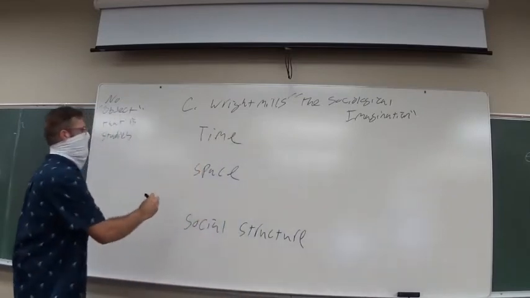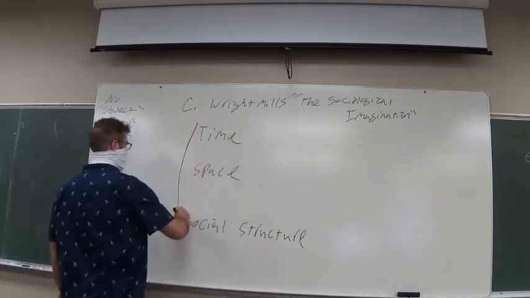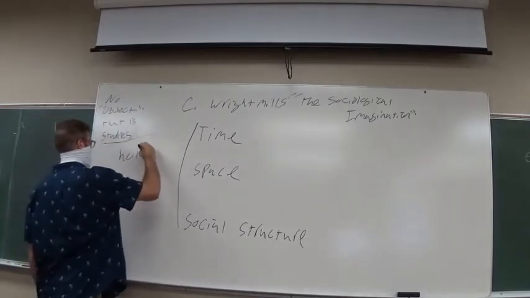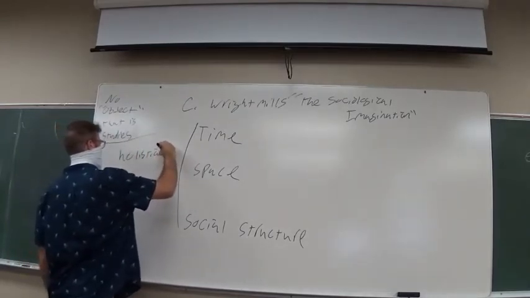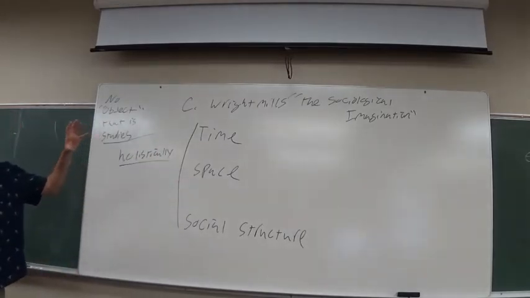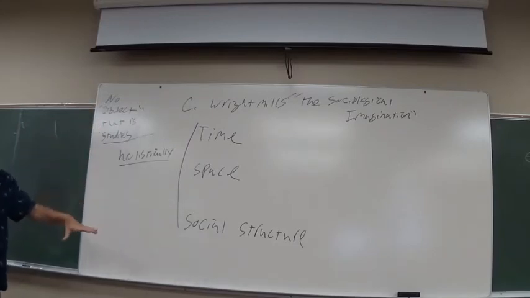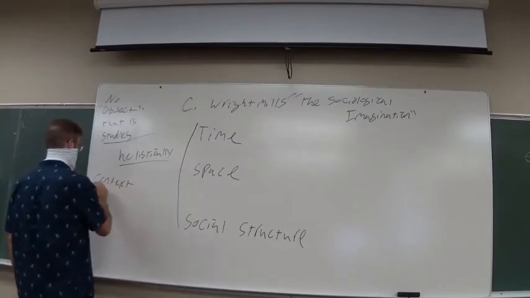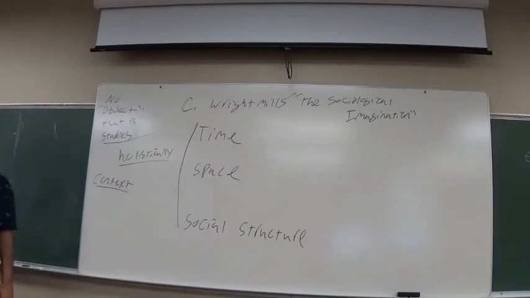So when we get to the end of this, what we'll see is that in a lot of ways sociology studies the world holistically. And what I mean by that is that it has a tendency to bring a lot of things together. In a lot of ways, each of these has its own discipline. Sociology is the one that pulls it all together and provides a context for pretty much anything that human beings think, do, or say.